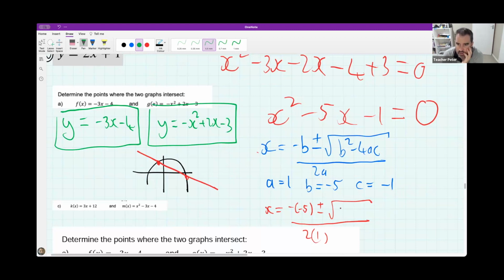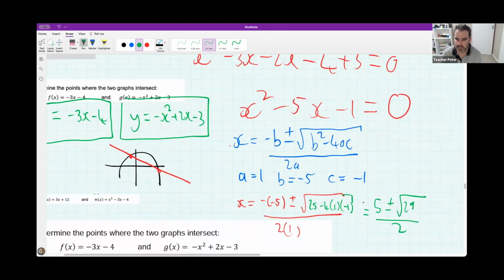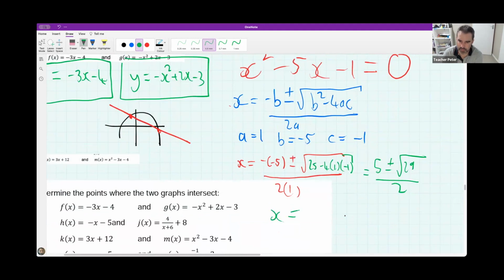Okay, p squared. So that's going to be 25. Okay, so I get the answer for x being 5.